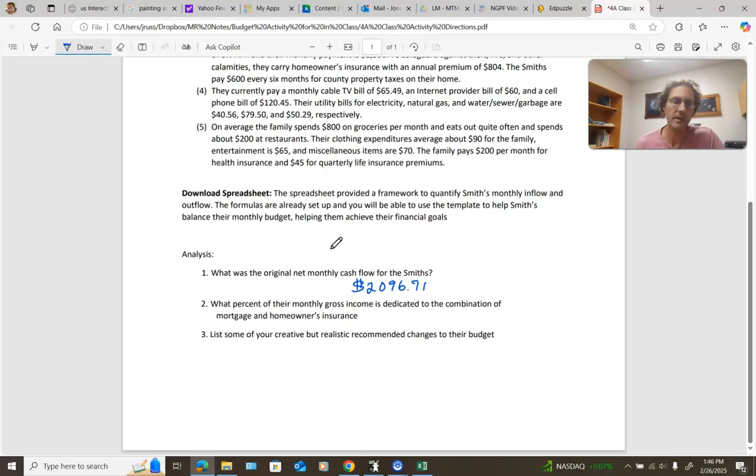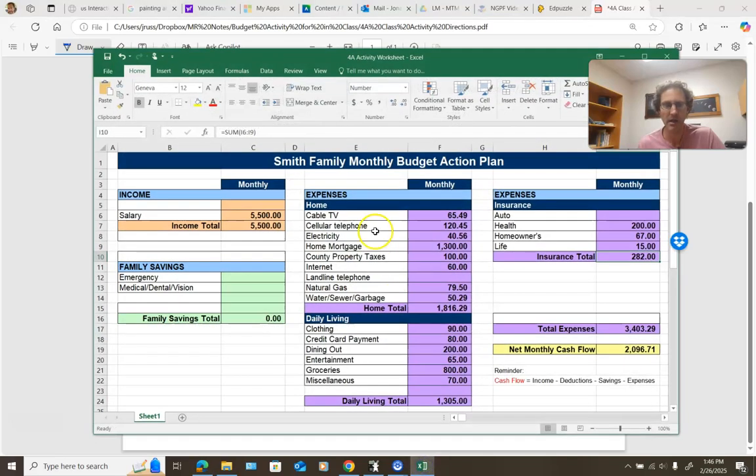Now, number 2, it says, what percentage of their monthly gross income is dedicated to the combination of their mortgage and homeowners insurance? Okay. Well, we first need to figure out how much they're paying for the mortgage and homeowners insurance combined. So the mortgage is $1,300. The homeowners insurance is $67 per month.